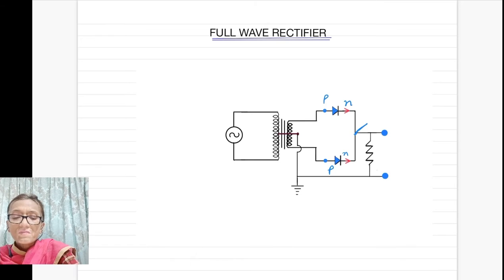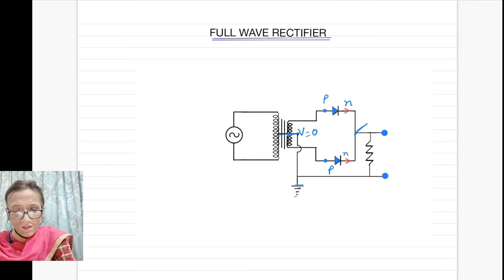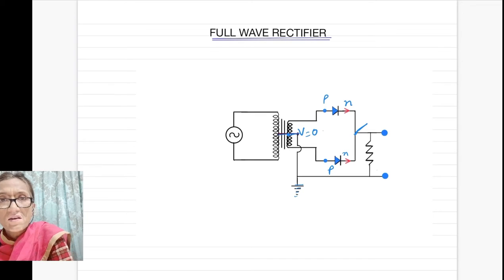Now from the center you have a central tapping terminal. From the middle of this secondary you have taken an end point. What does this mean? Due to earthing, its potential will always be 0 volt. Its voltage will not exceed because it is earthed.